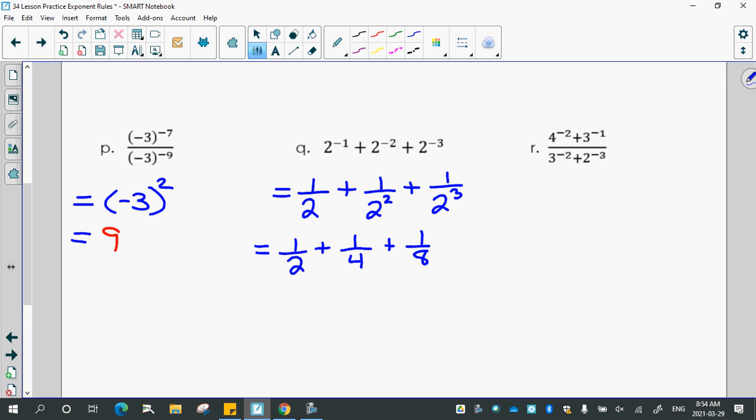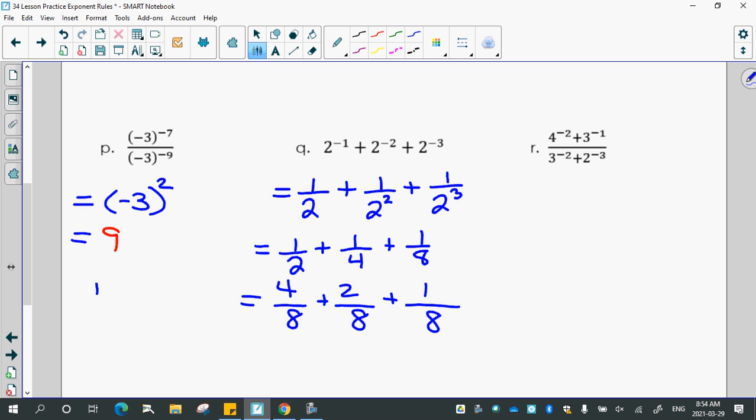The best I can do, and then I have to be able to add those. So to add fractions, you need a common denominator. And ours is going to be 8, so make everything out of 8. So 2 times 4 is 8, 1 times 4 is 4. 4 times 2 is 8, 1 times 2 is 2.